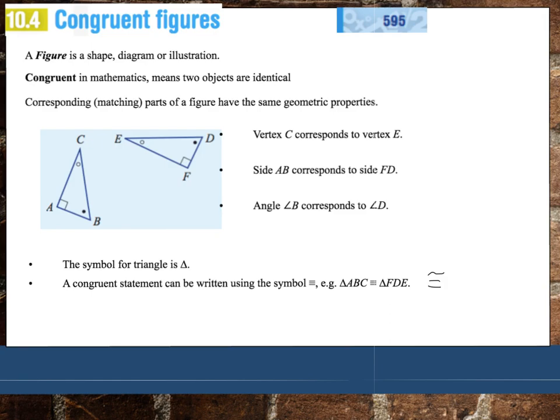It needs to be in the right order. We will hammer on this quite a bit, but if I say triangle ABC is congruent to triangle FDE, it means that the first angle or vertex, A, corresponds to F, because that's the first one there, and B corresponds to D, and C corresponds to E. So the order in which we write the statement is very, very important.